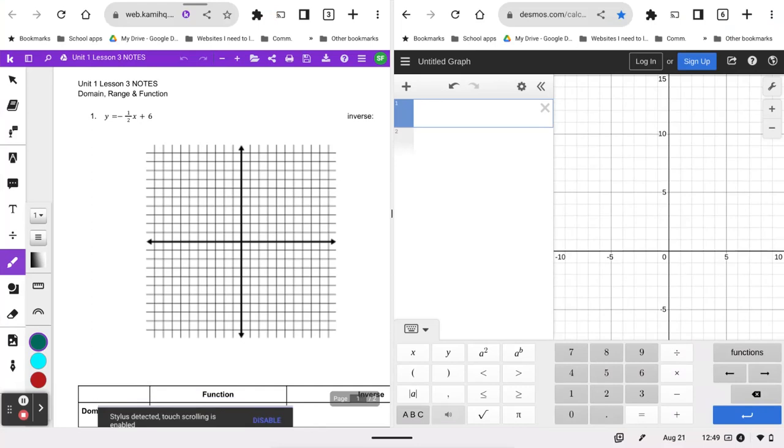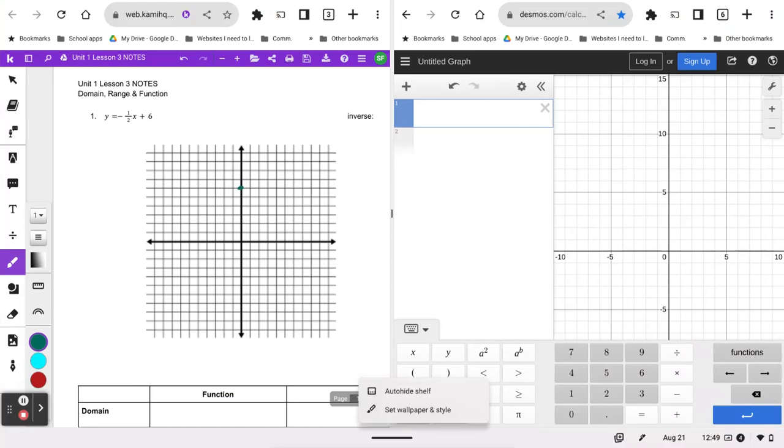If you go on to Desmos, you can go back to the table and graph it. If you remember, we're going to start at 6, put a dot, and because our slope is negative 1/2, we're going to go down 1/2, over 2.